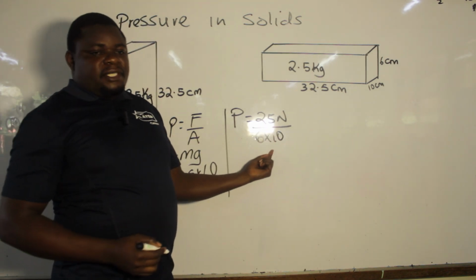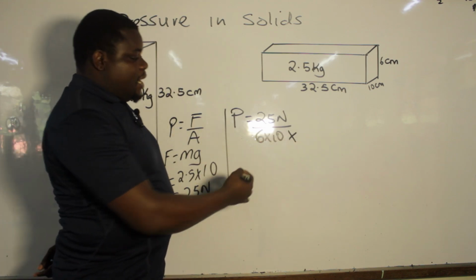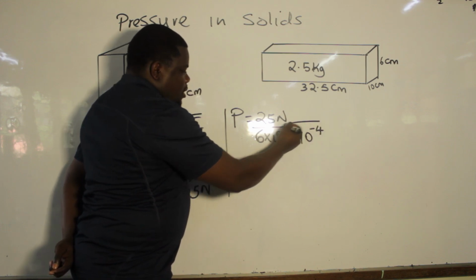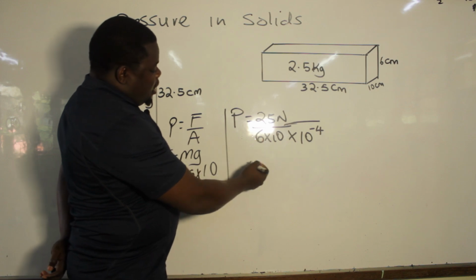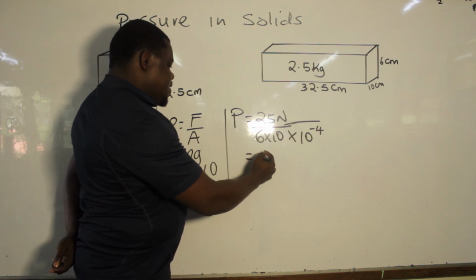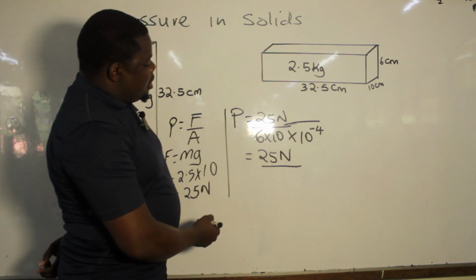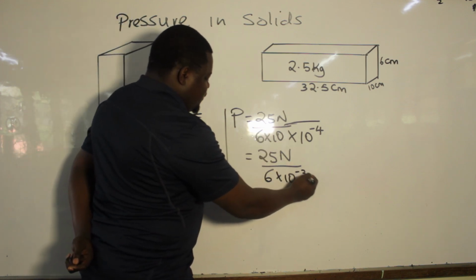Remember, these are centimeters squared, so we divide by 10,000. This is actually just like saying 25 newtons over 6 multiplied by 10 to the power negative 3.